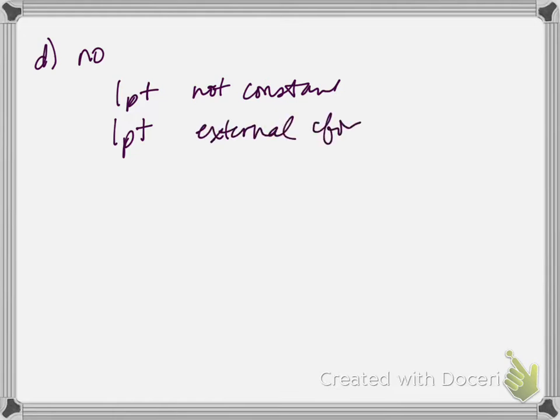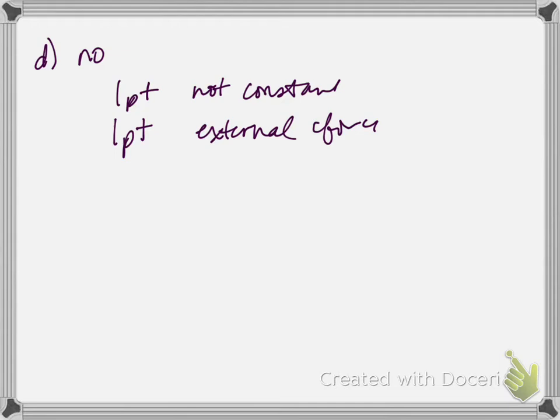So if this were on a horizontal table and the dart was coming at it from the side, it would be a different story here. But you get 1 point for saying that it's not constant if you attempt an explanation. The reason it's not constant is because there's an external force on the wheel.